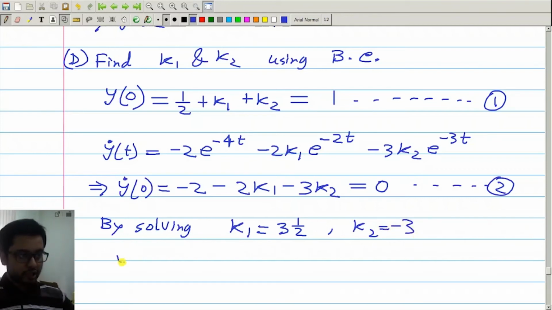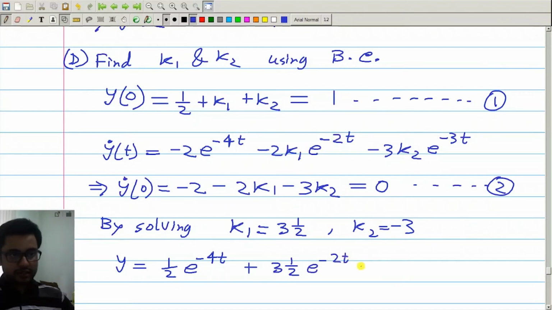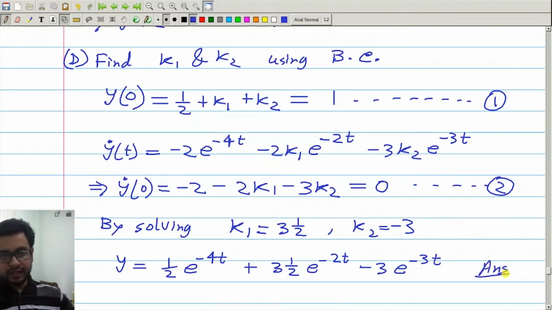So the final solution is y is equal to half e to the power minus 4t plus 3.5 e to the power minus 2t, minus 3 e to the power minus 3t. This is the final answer.